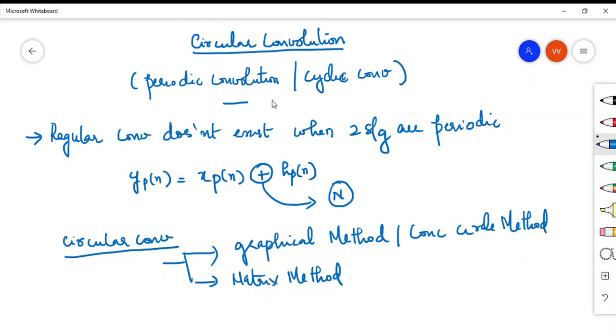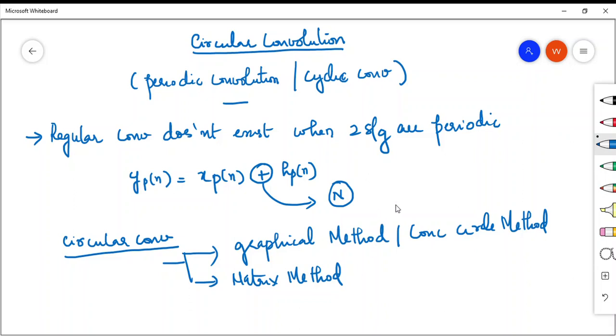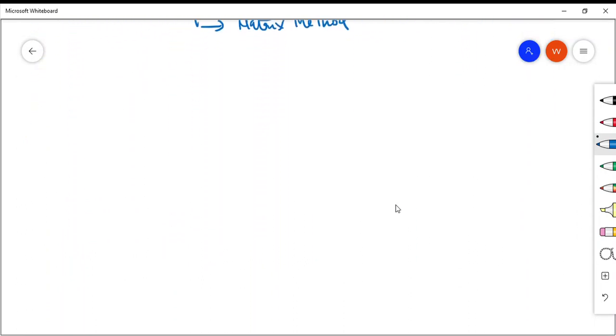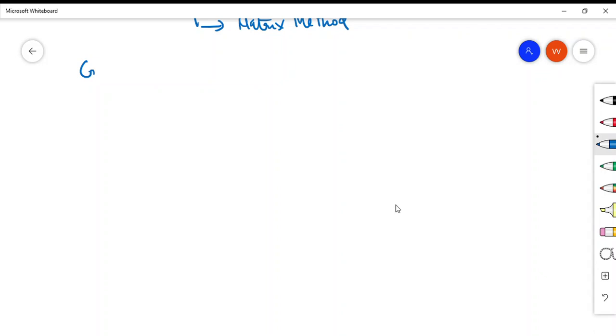Now we will see by taking an example how this is done. First one is the graphical method. I am not giving any theoretical explanation.